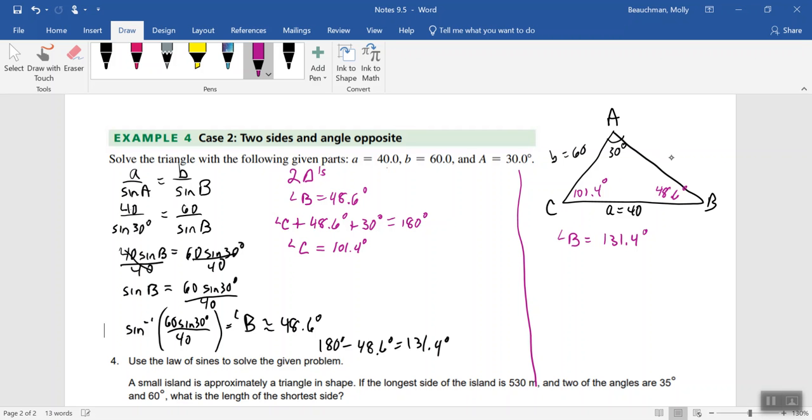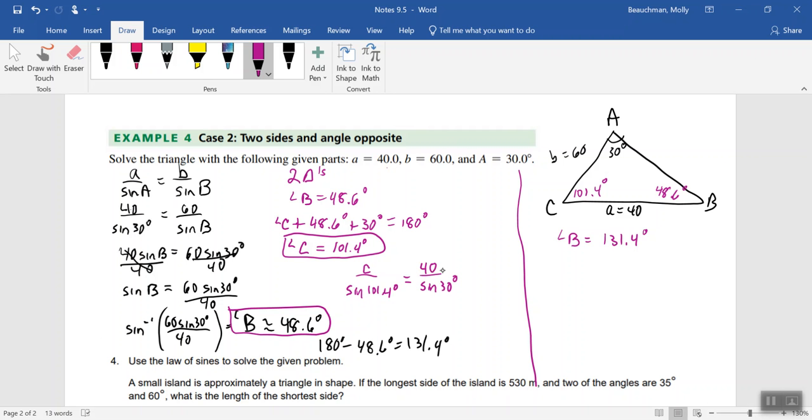And now I can find little side length C. So there's angle C, there's angle B, and little side length C is going to be side length C over the sine of 101.4 degrees is going to equal, let's pick the first value that we had, 40 over the sine of 30 degrees.